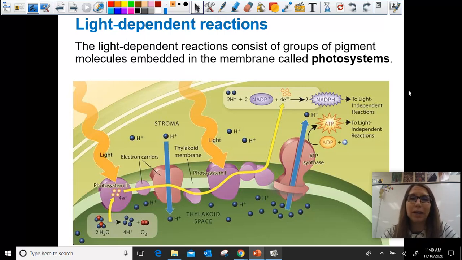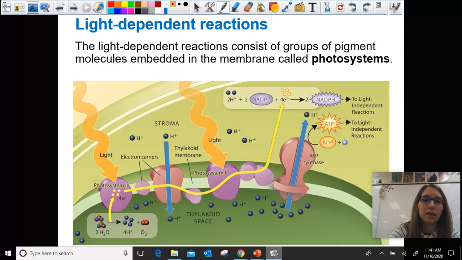So light-dependent reactions consist of groups of molecules that are embedded in the membrane, so not in the cell membrane, but in the chloroplast membrane, in the thylakoid membrane specifically within that space, called photosystems. So photosystems, photo was a Latin root, it means light. These are systems of proteins that absorb light. All right, and you can see them here in this thylakoid membrane.